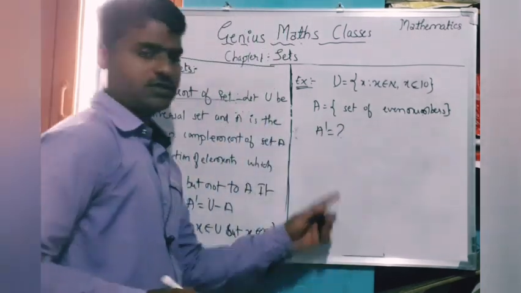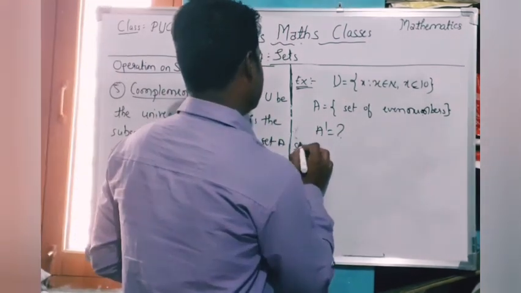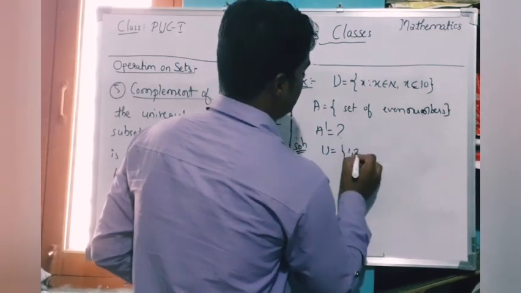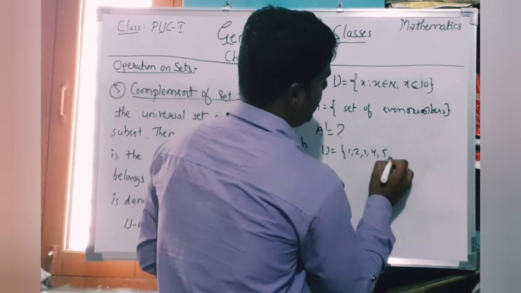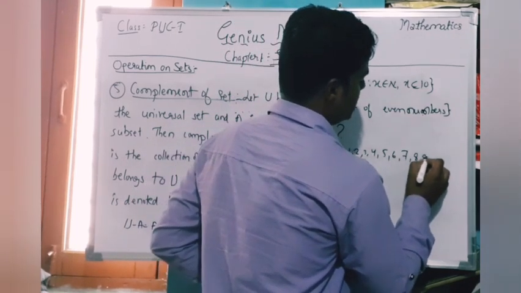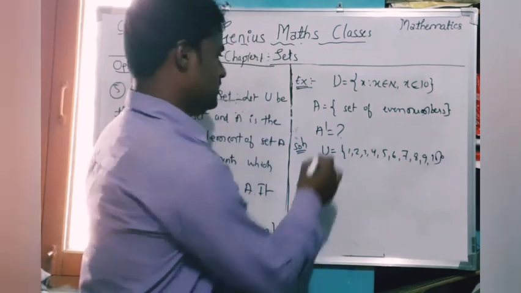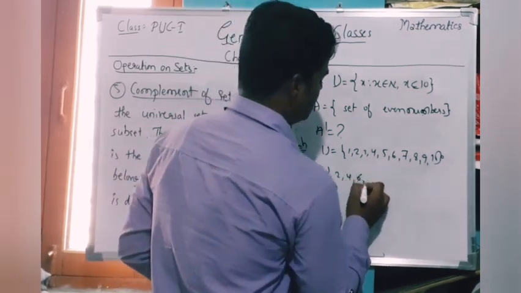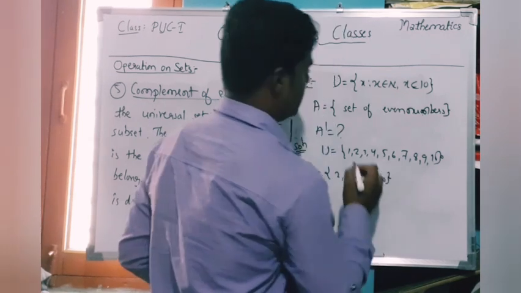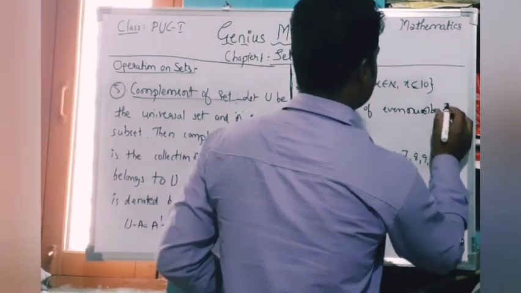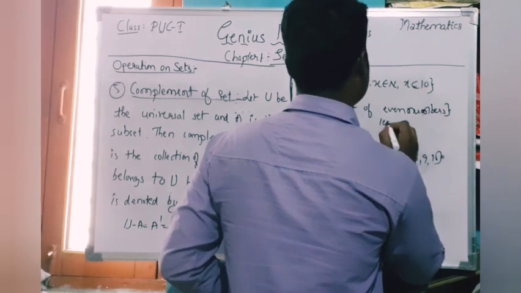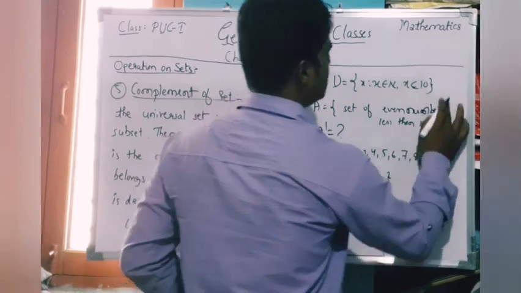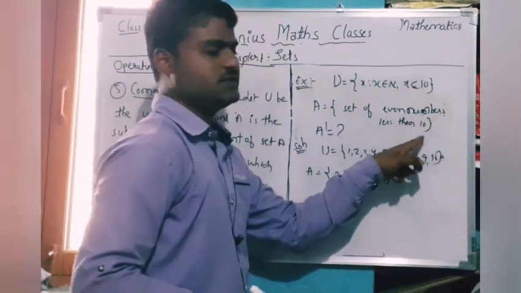A dash means the complement of it. So U equals 1, 2, 3, 4, 5, 6, 7, 8, 9, 10, and the set A of even numbers is 2, 4, 6, 8, 10.